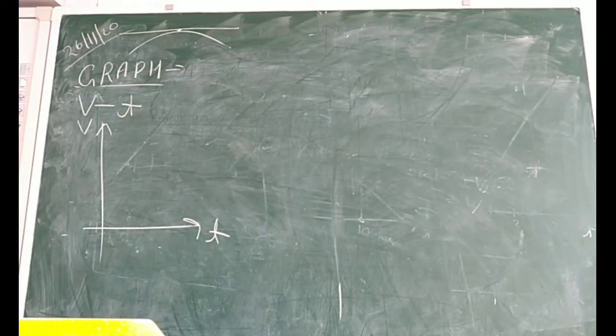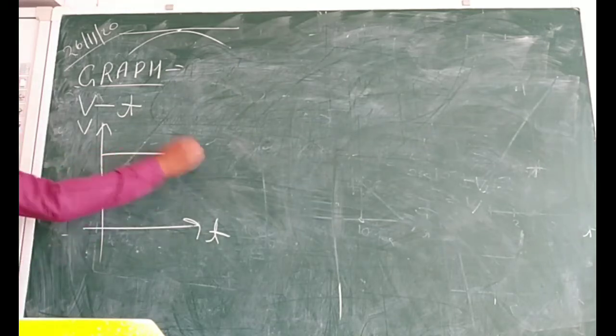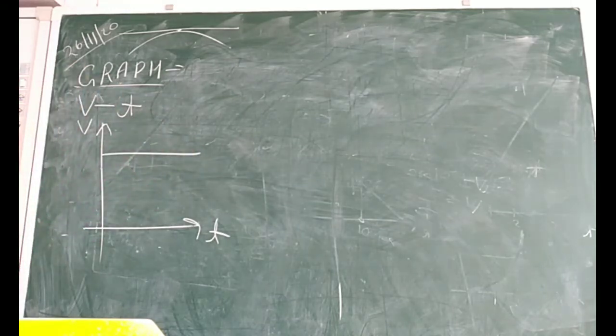In our first graph, the graph is this. And I want to know from your side which type of motion is represented by this graph. No. In that graph, in which the body was at rest, that was the displacement time graph. Then there was no displacement. But here you can see, suppose this point is 20 meter per second.